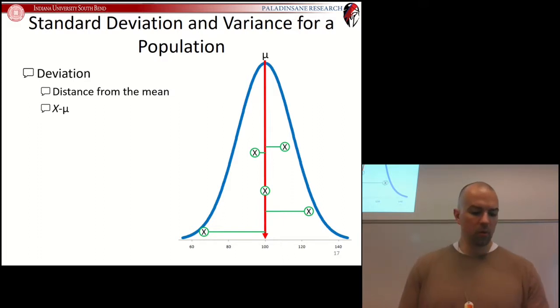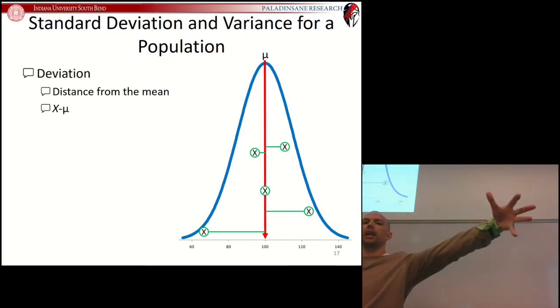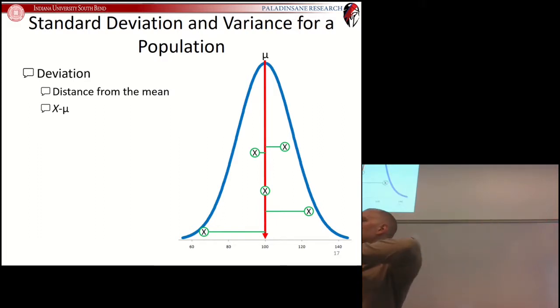Now, one good way to express variability is to just take these deviations and find your typical, maybe your average deviation, right? Because if your distribution is very spread out, then your average deviation is going to be bigger. But if your distribution is squeezed together, then your deviations are going to be smaller.